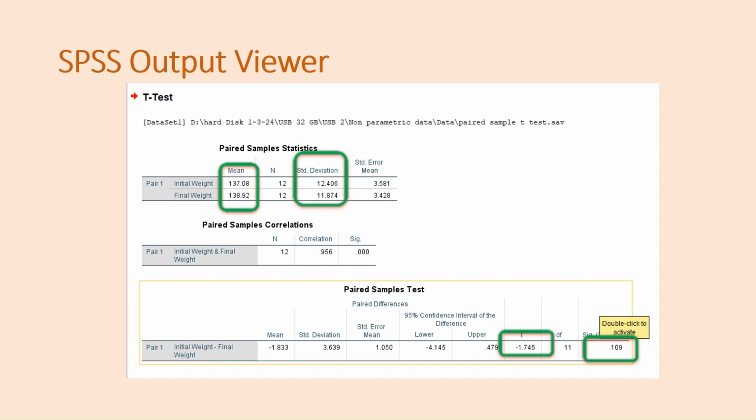The third table shows the paired sample t-test, where we see the t-value and significance two-tailed. The p-value, or significance value, is 0.109, which means there is no weight gain after 3 months of using oral contraceptive pills.